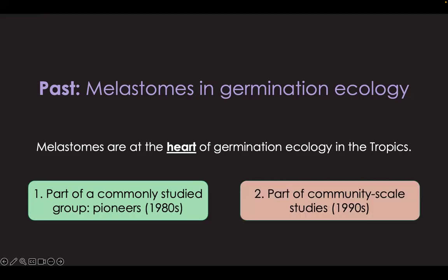And a couple of years later, we start seeing different community scale studies around the germination ecology of tropical ecosystems that included different melastome species.